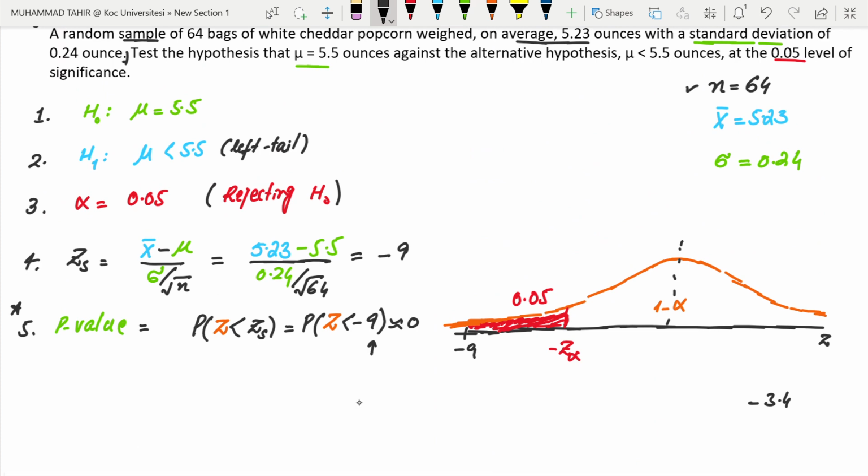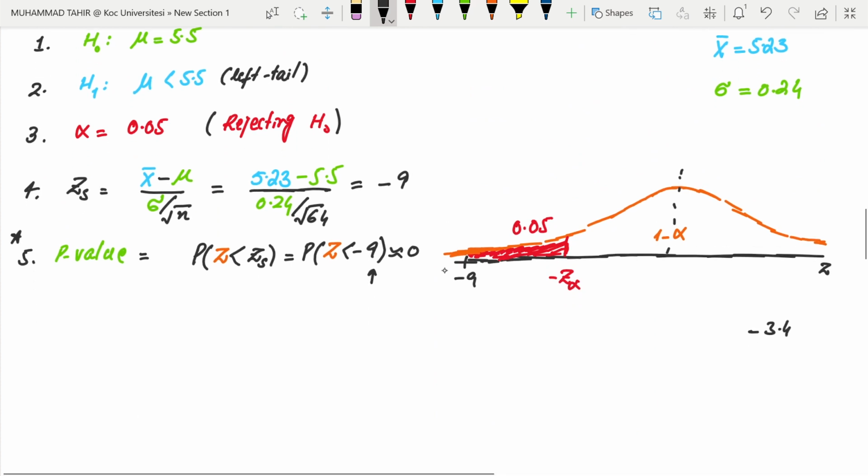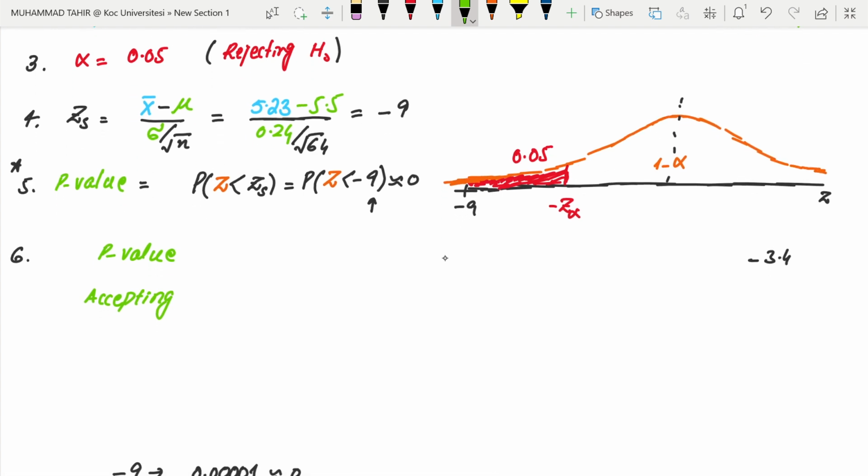So the p-value is 0, and remember the p-value is the probability of accepting the null hypothesis. The p-value, which is the accepting probability, is 0, and alpha, which is rejecting, is 0.05.